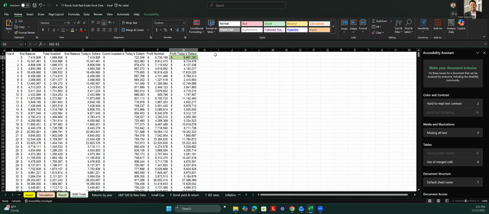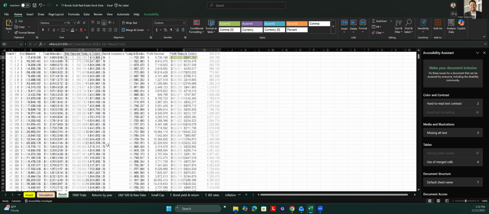Now what we need to do is make sure there is no mistake here. So end balance, total investment amount 5.7. That's good. So this is today's dollars. Let's see whether this did well.